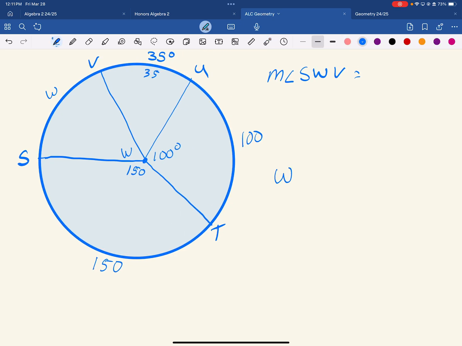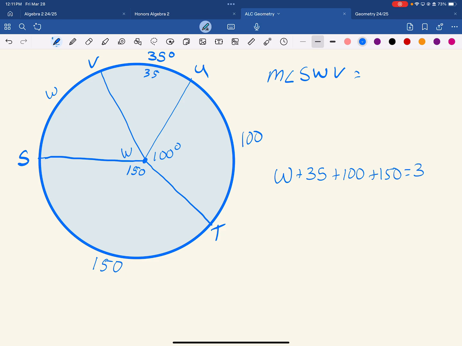I'm just picking, I can pick anywhere I want. I'm going to start at W and go clockwise: the unknown arc plus 35 plus 100 plus 150.